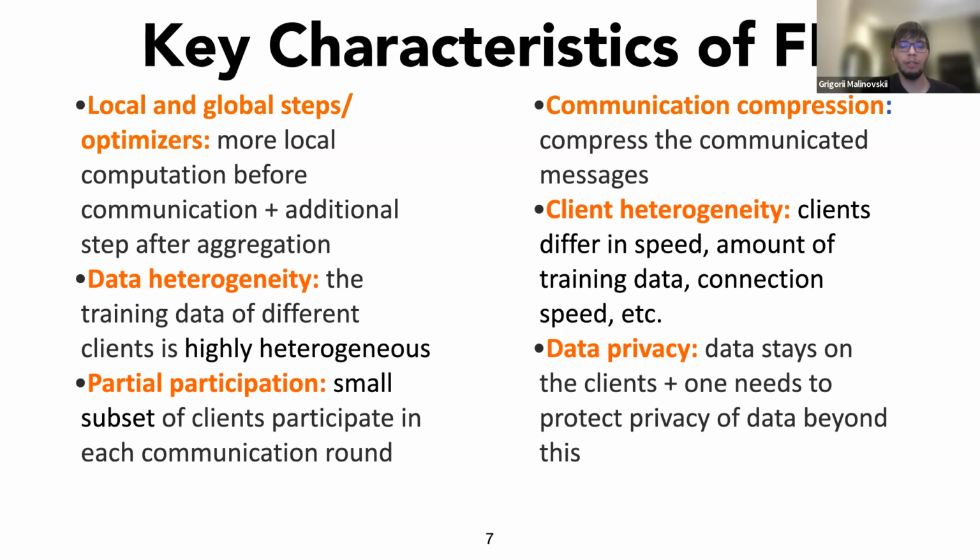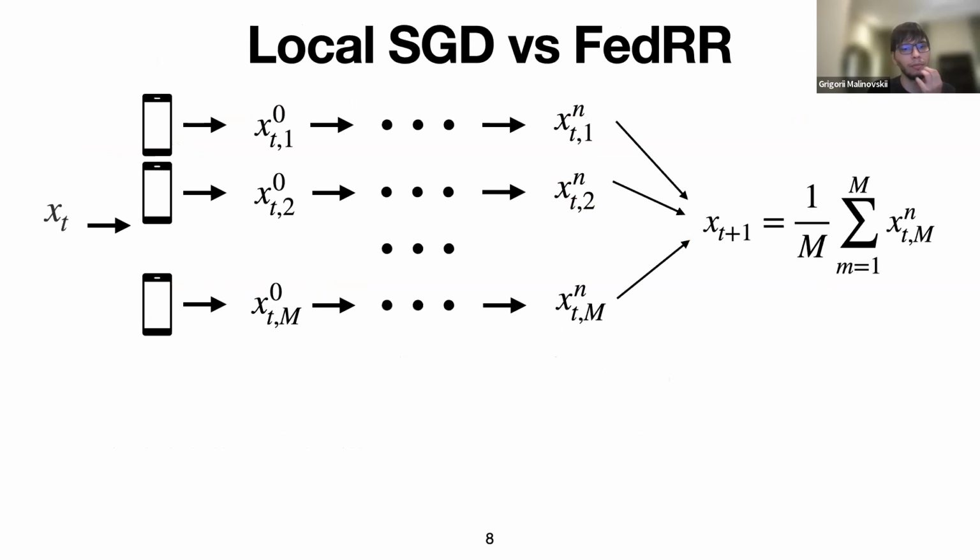Additionally to data heterogeneity, we have client heterogeneity, which means clients have different characteristics such as computational capacity. We should also care about privacy and security in federated learning, but in this work, I'm going to focus on the first three aspects.